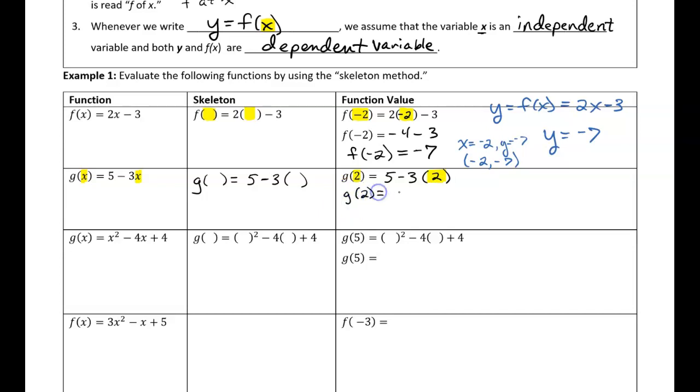So then g of 2 is going to equal 5 minus 6. So g of 2 is equal to negative 1. And we have our answer. In other words, the value x equals 2 gives me a function value of negative 1. The x is 2, the y is negative 1.